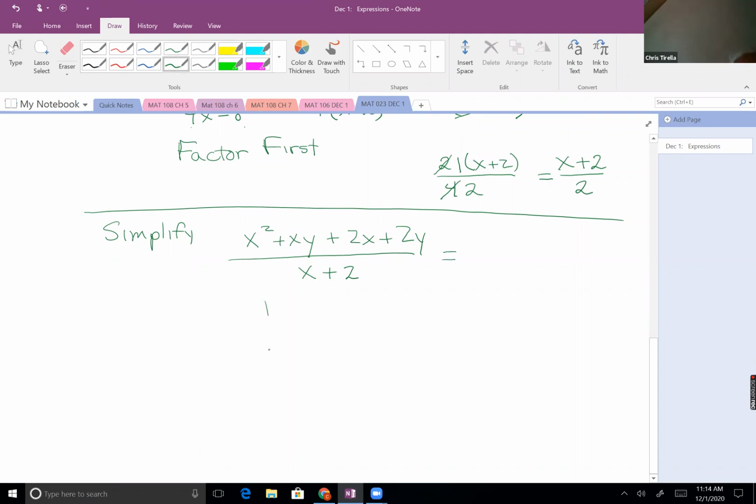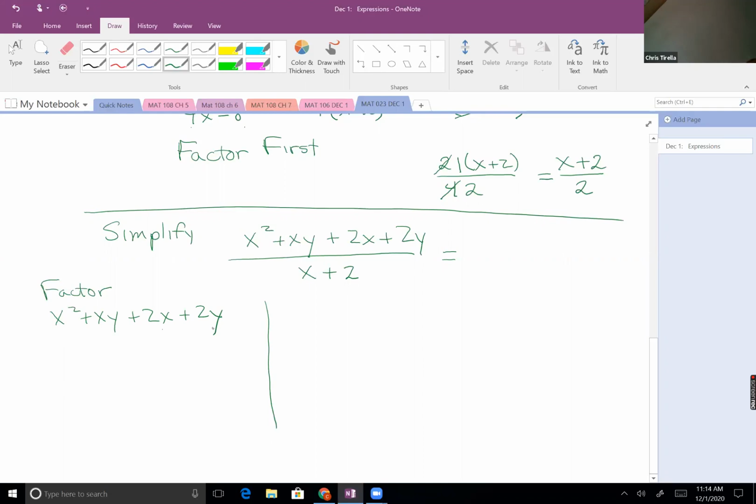So off to the side on scrap paper, I'd like to factor that numerator, x squared plus xy plus 2x plus 2y. I notice that this one has 4 terms.